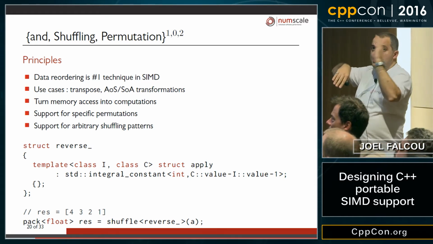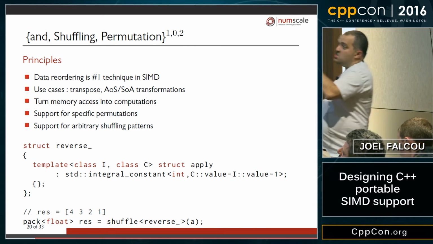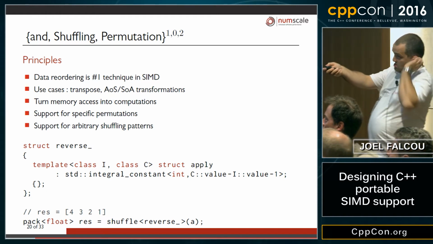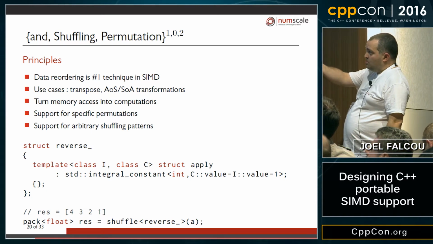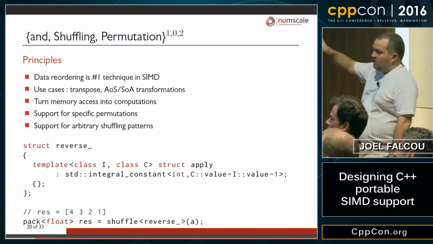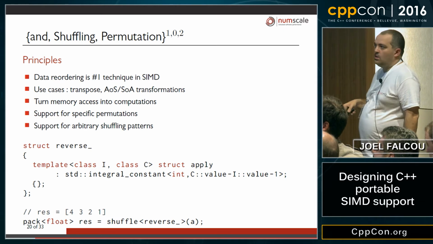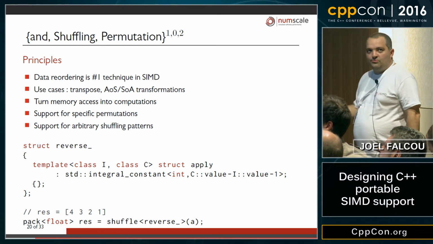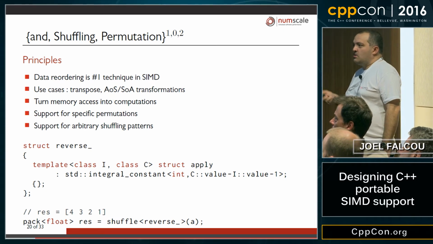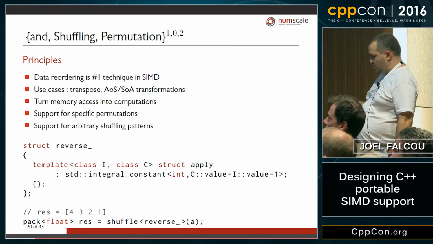I is the index of the permutation you are computing right now, and C is the width of your vector. So this is basically a reverse: whenever you've got I and C, I'm giving you C minus I minus 1. And you can pass this type directly as a parameter to shuffle, and you get your shuffle done. It's a bit better, you don't have to care about the size of your shuffling.